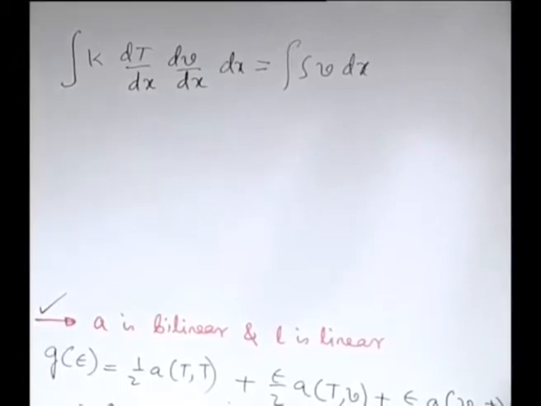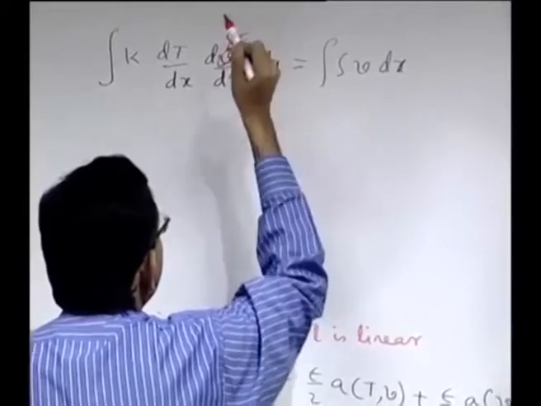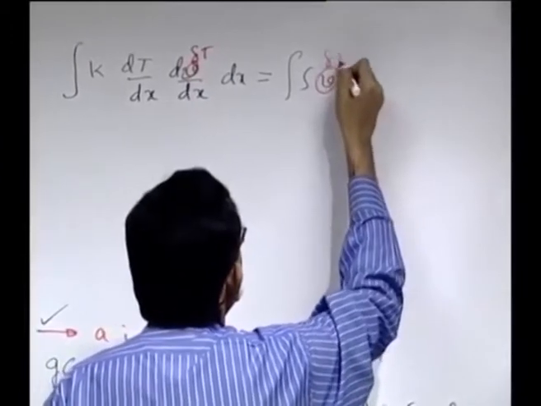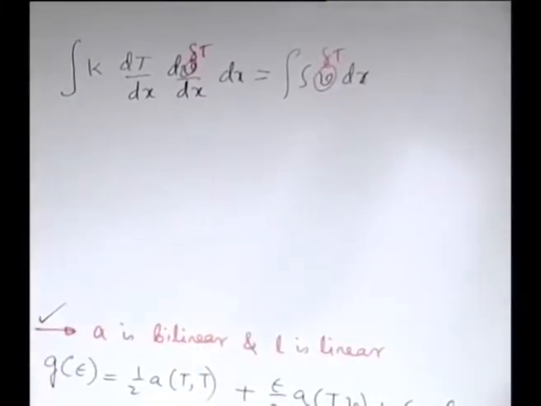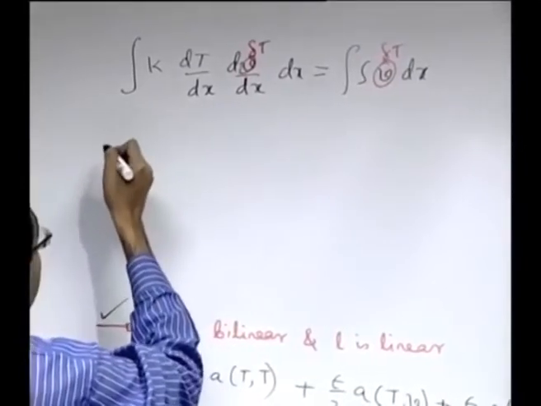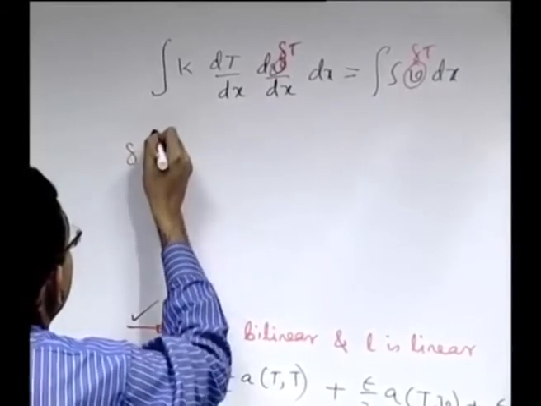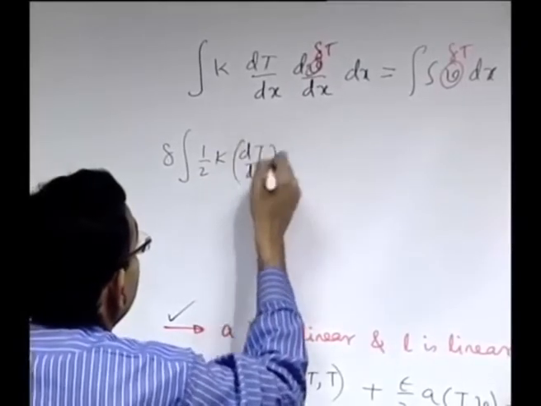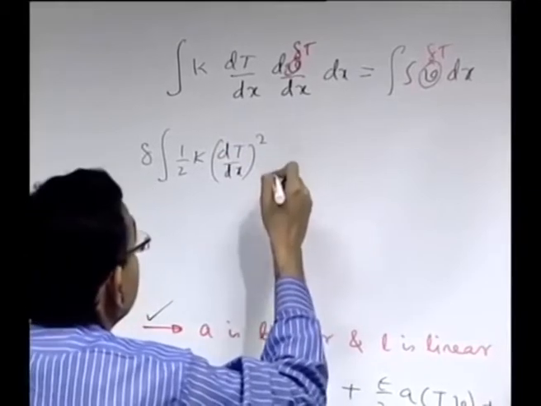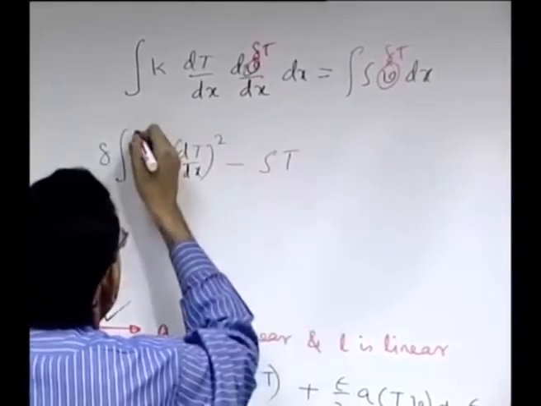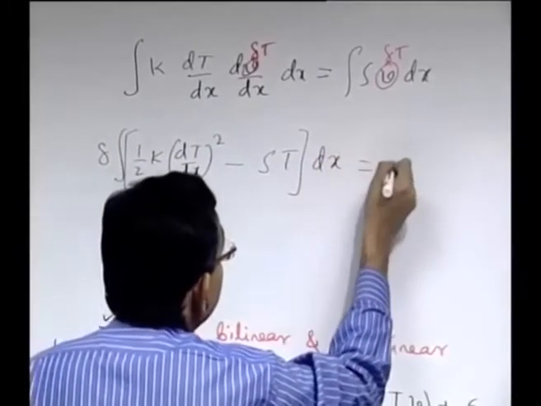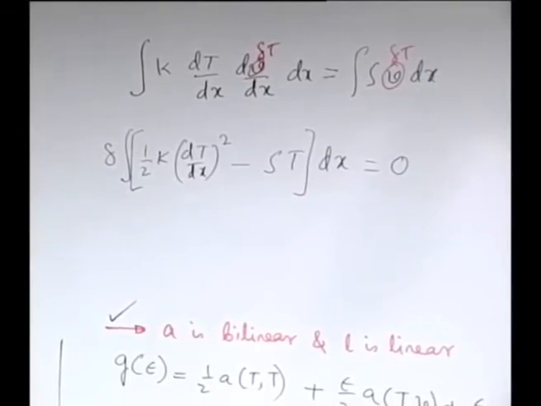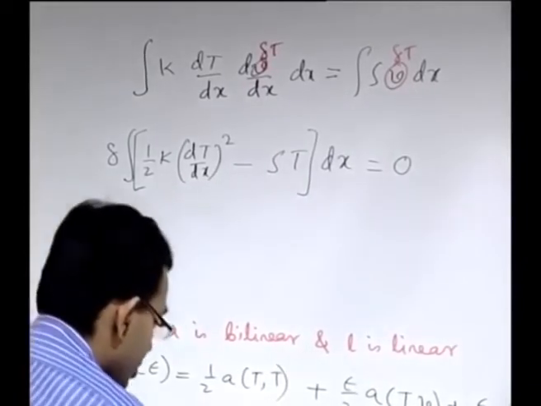Here in place of V, if you substitute delta T, so you can write, so this is like the function which we can give a name.